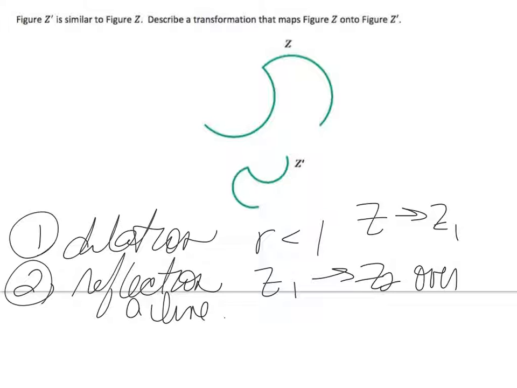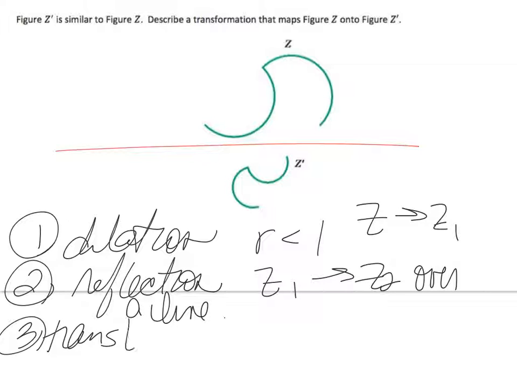And if we look at that, first I got smaller. Okay, we could see that it would get smaller. Then it looks like I flipped it right over a line. And then a translation gives me Z2 to Z prime.